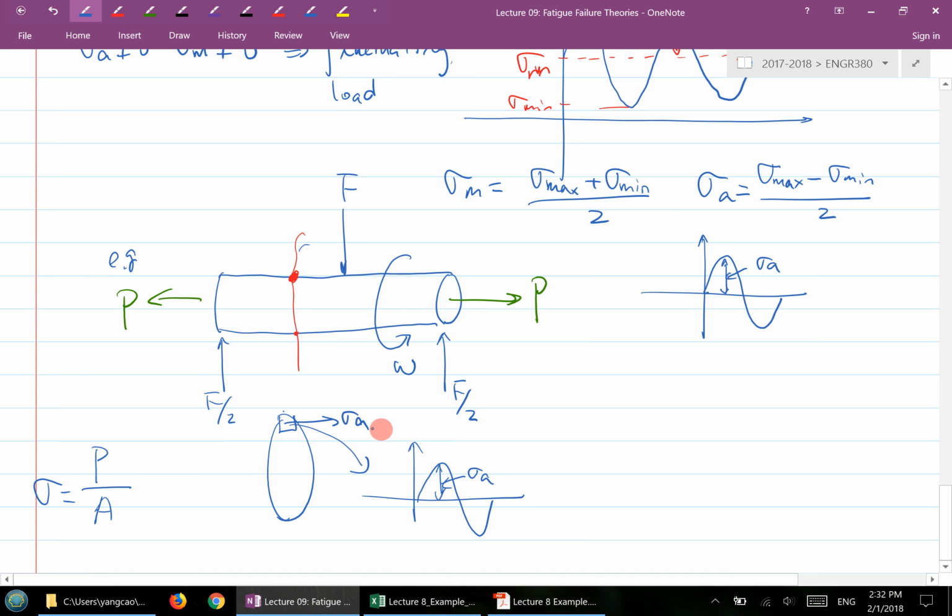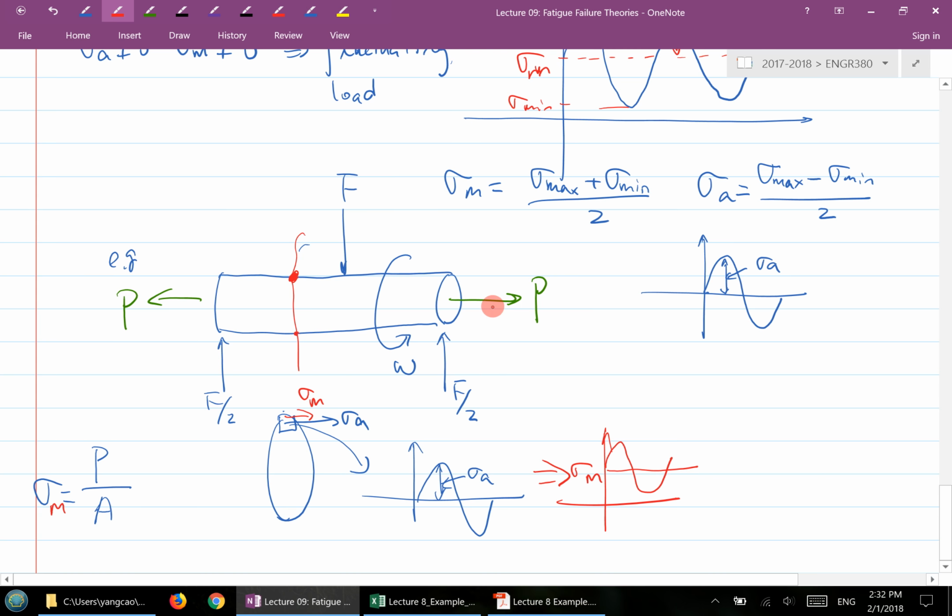So basically at that location you will have a sigma m added to this normal stress, which means this loading now becomes shifted up by this much sigma m added here. So this loading condition will give you this kind of fluctuating load.